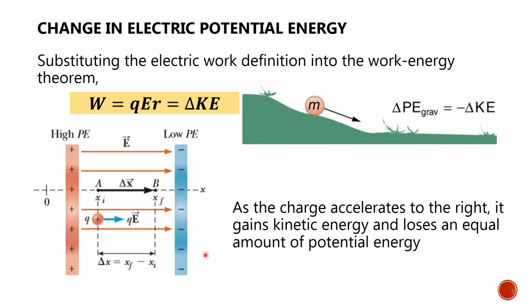Just like in mechanical energy, as a ball is rolling downhill, the change in potential energy, specifically gravitational, is equal to the negative change in the kinetic energy. The negative sign tells us the relationship between kinetic and potential energy: as one goes up, the other goes down.